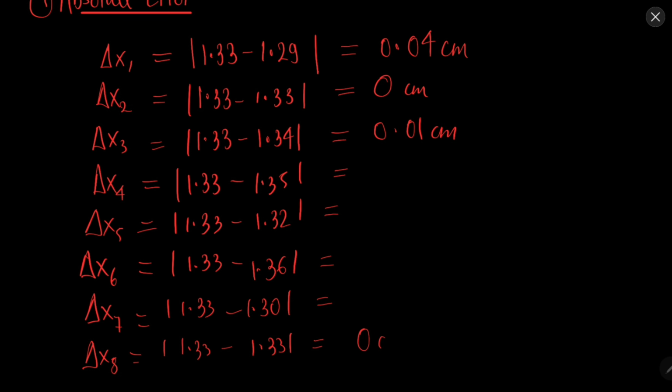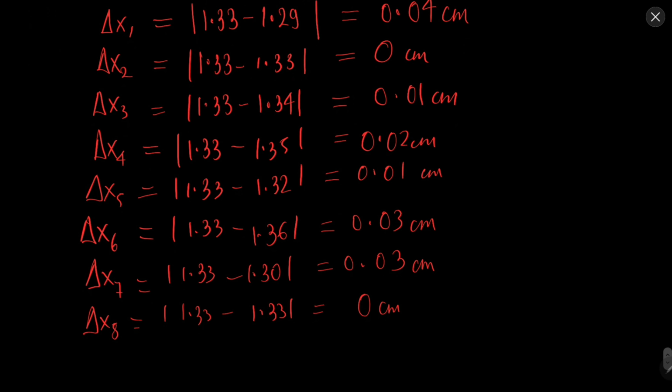So what are the values? 0 centimeter, 0.02, 0.01, 0.03, 0.03. So these are the values that we will get after subtracting. So these are the absolute errors, okay, individual absolute errors.